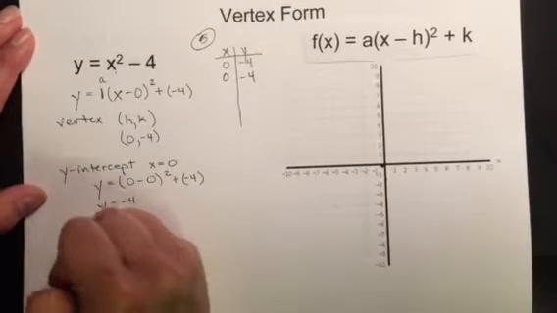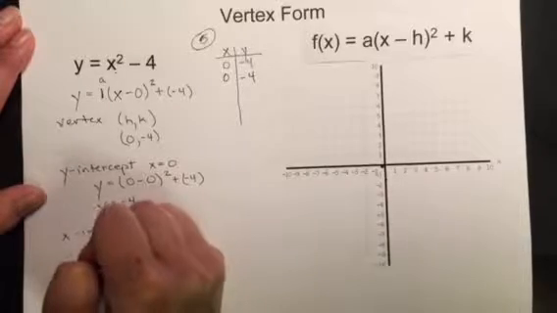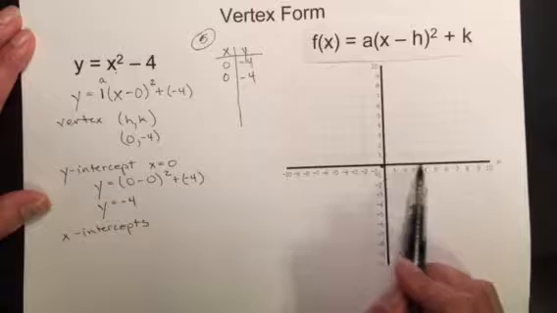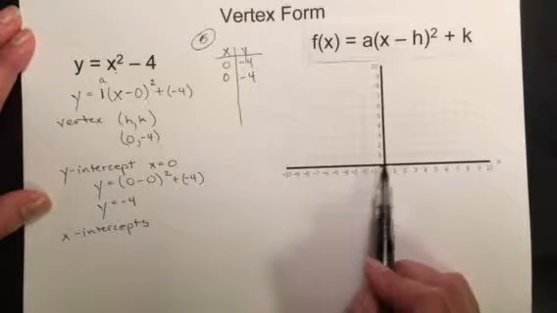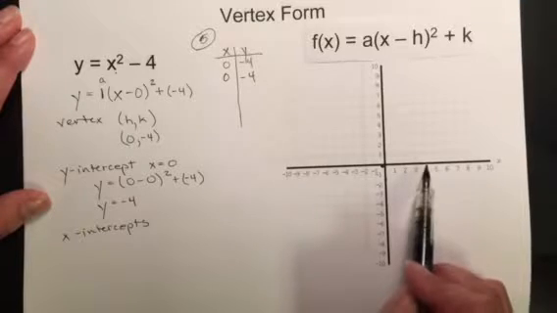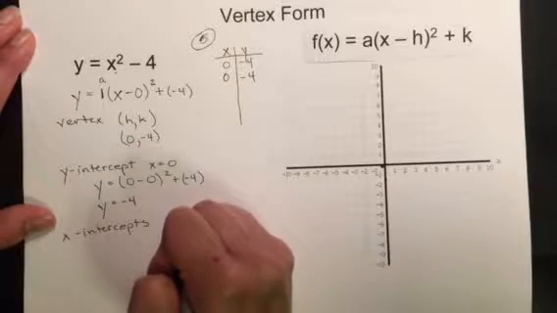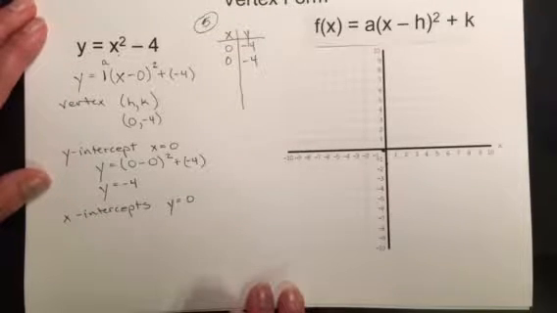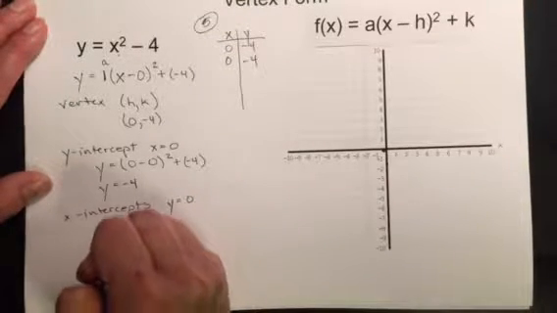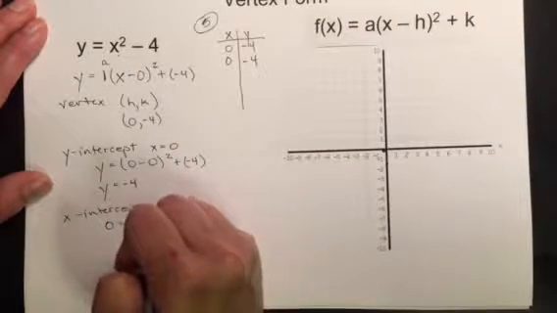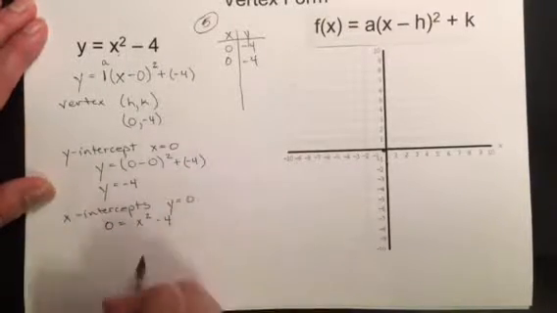Now I need to find my x-intercepts. For the x-intercept, y must be equal to 0. So this is (1, 0), (2, 0), (3, 0), (4, 0). So y must be equal to 0, and again, I'm going to plug it into my equation. So 0 equals x squared minus 4.